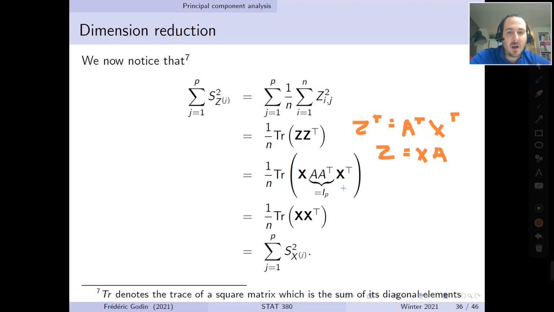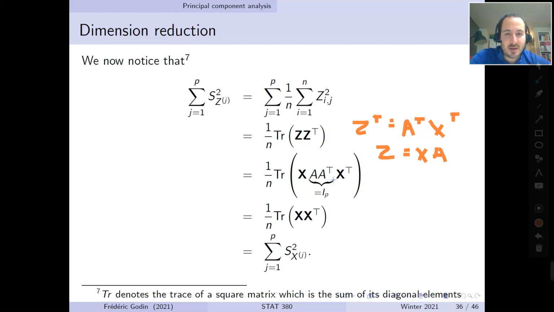Recall here that the columns of A are the set of eigenvectors, which are orthogonal to each other and normalized. Each has unit norm, and they are orthogonal to each other. So if you calculate A transpose A, it can be shown to be the identity matrix.